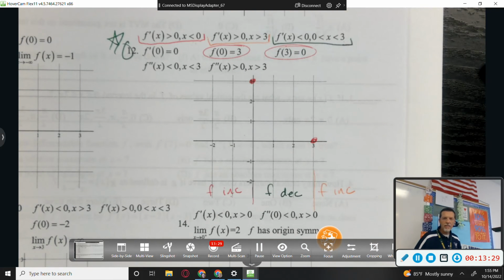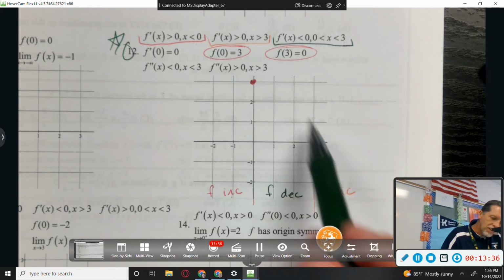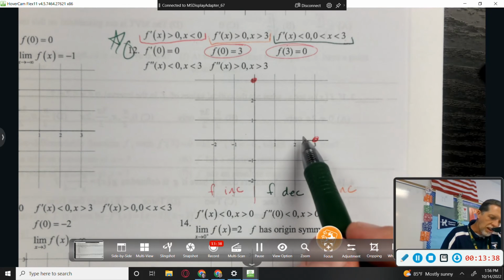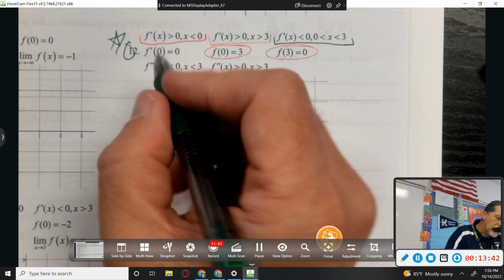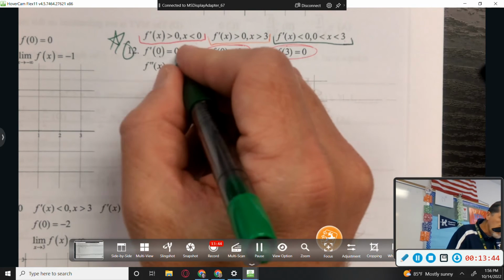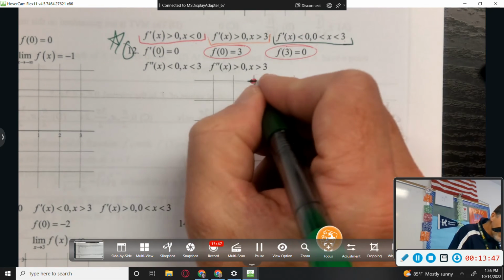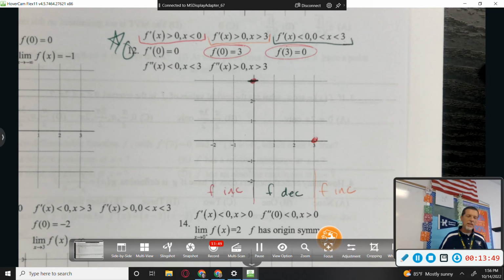Okay, this kind of fits so far. Alright, I got increasing, decreasing, increasing. Got a couple points. F prime of 0 is 0. That means there's a horizontal tangent line at 0. So it's a little bit of a flat spot there.